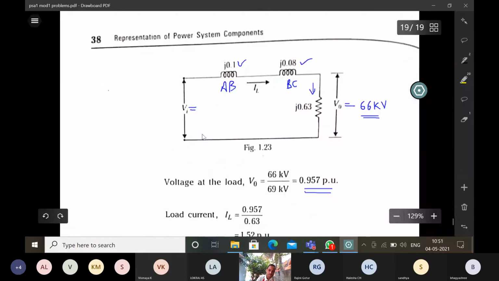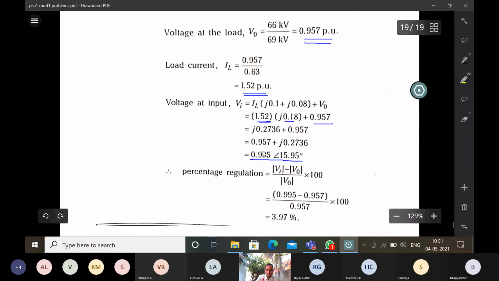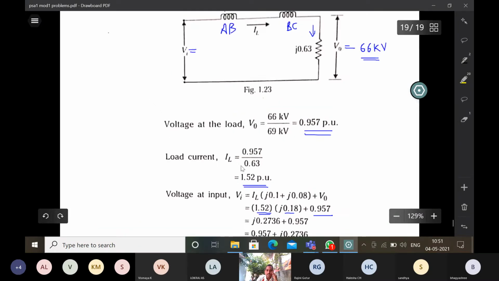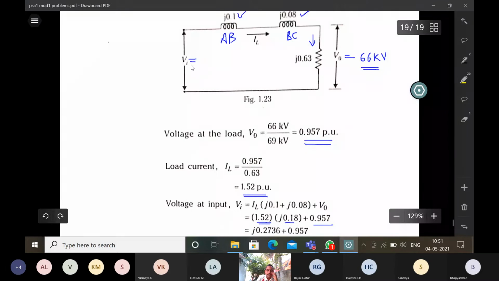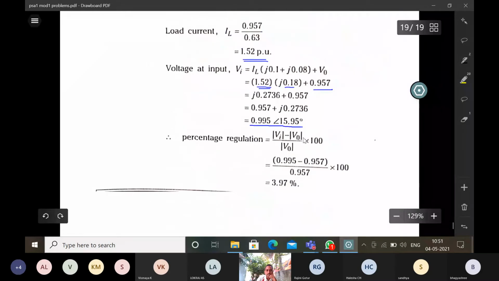Once you have the voltage input and voltage output, Vi is 0.995 and V0 is there. Calculate the percentage voltage regulation. That is, no load is Vi. Always the input voltage is no load. Vi minus full load voltage, that is the terminal voltage, divided by the terminal voltage.